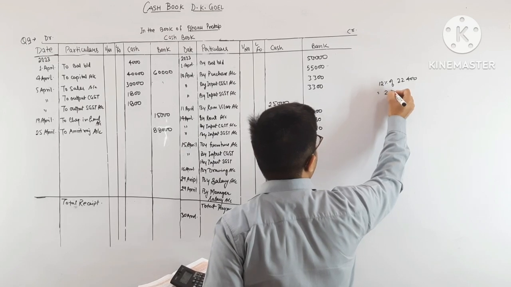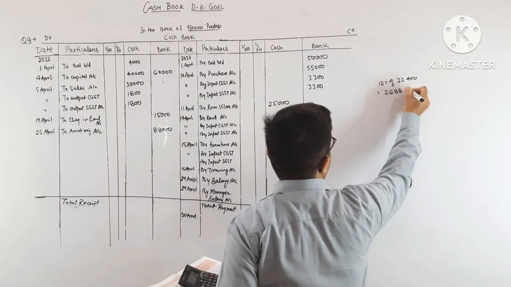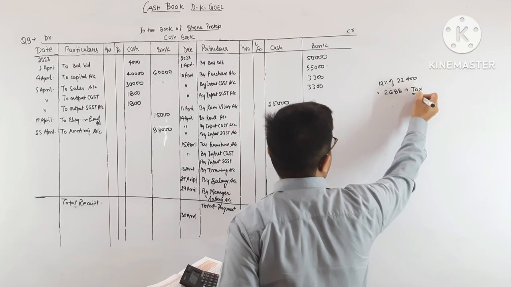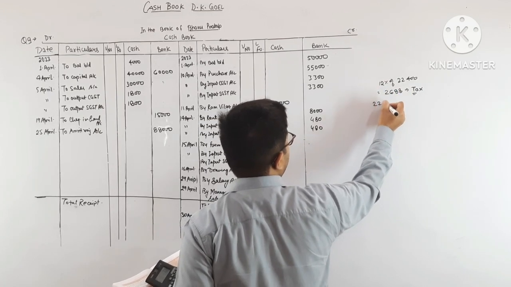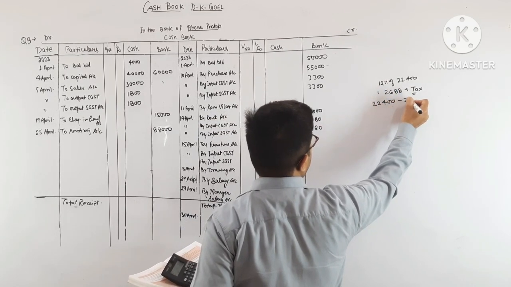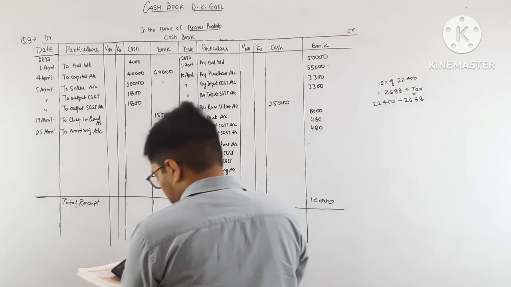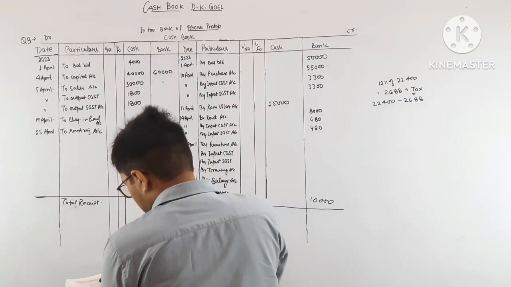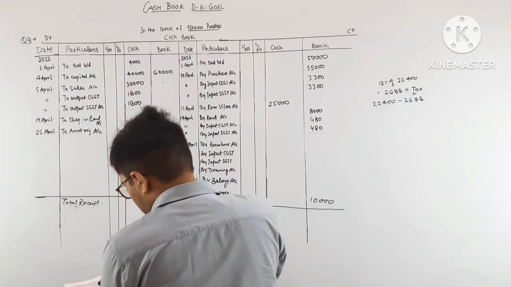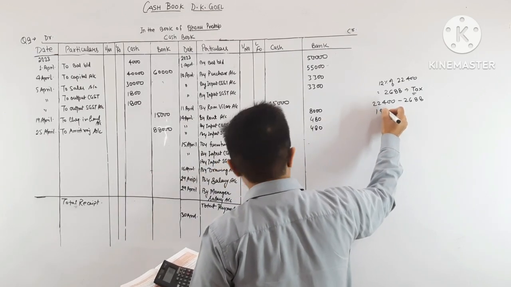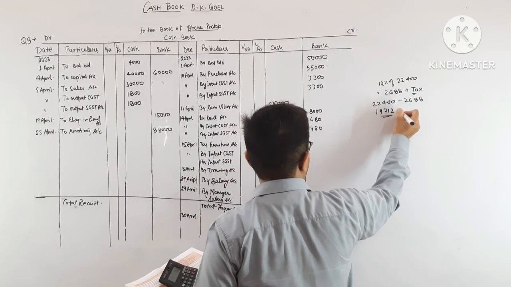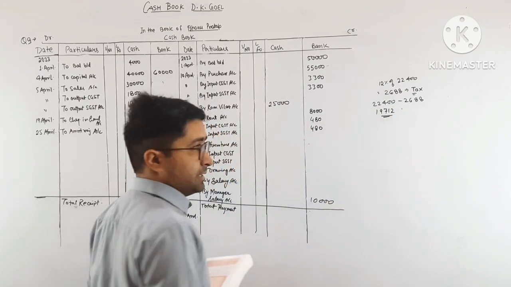Okay, 2,688. यानी कि this is the tax amount. Okay, and if we deduct this from 22,400, we get 19,712, and this is the actual amount of furniture.